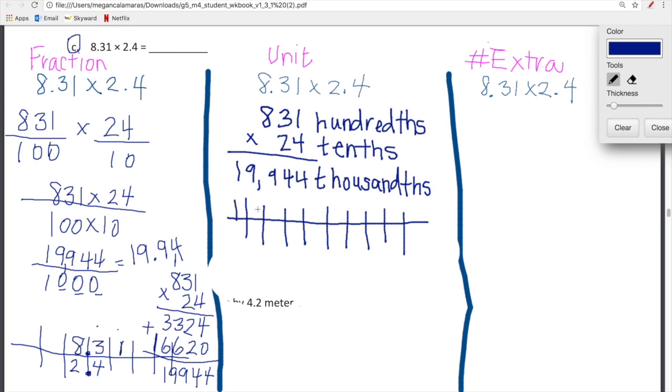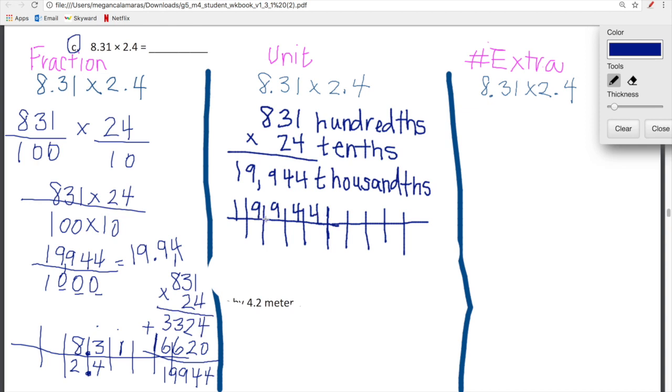So we've got 19,944 on our place value chart. Oops, that is not what I wanted to do. We have 19,000. Let's move. We don't want that decimal there because we want this last digit to end up in the thousandths place value.